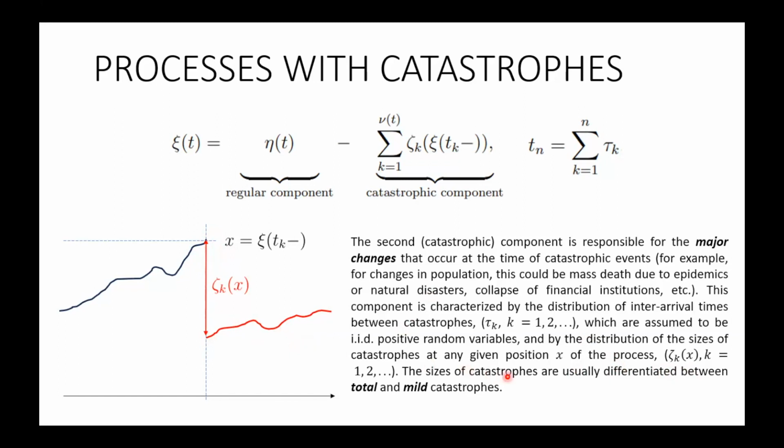The size of catastrophes is usually differentiated between total or mild catastrophes, where total catastrophes mean the process starts from zero again. In mild catastrophes, the process starts from some point, which can be not equal to zero. It can also be a random point.